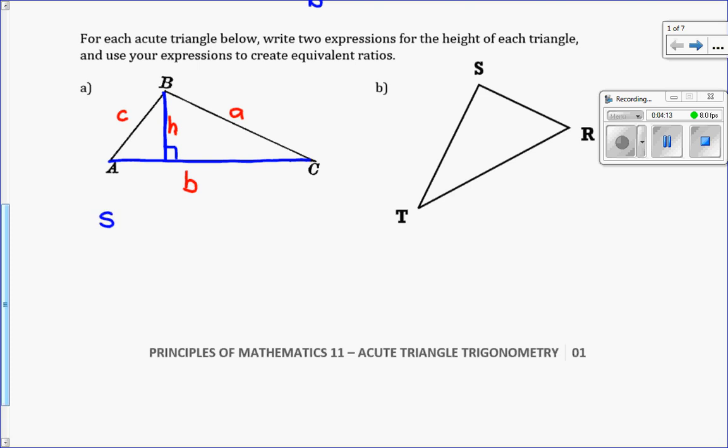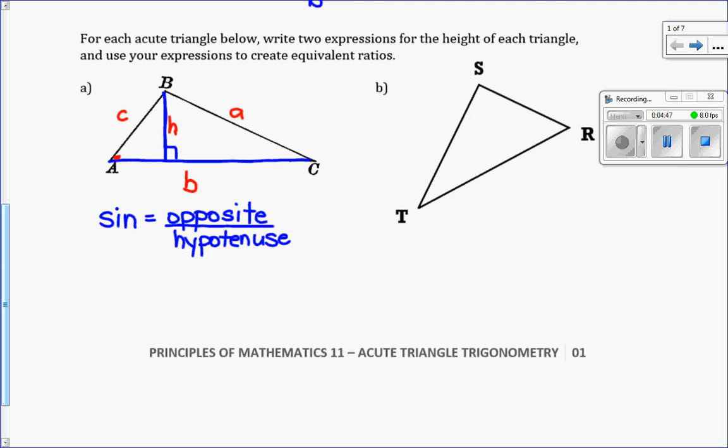So we know that sine is opposite over hypotenuse. Just to refresh your memories, we need to make sure we understand what those terms mean. If I'm talking about angle A here, imagine that you are sitting right in this corner.